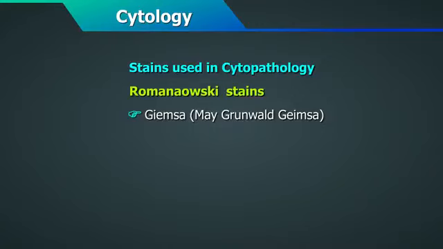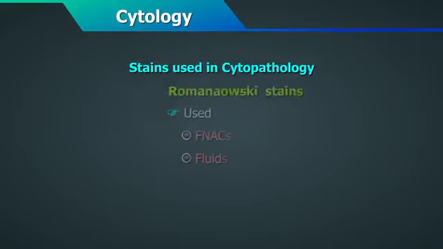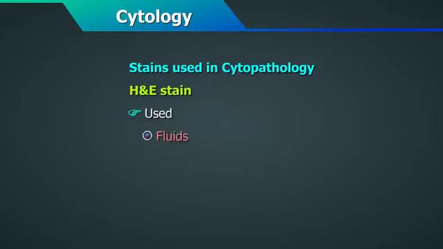Giemsa, MGG, that is May-Grunwald-Giemsa, or Leishman stains are used for FNACs and for fluids. 3. H&E stain is also used in fluids and FNACs. The H&E stain is mainly a histopathology stain and has been described in that section. Pap smears are generally stained by Pap staining, which will be described in this section.